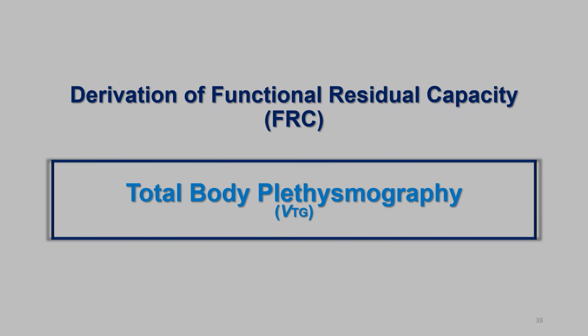Now, just a quick note. While not addressed in this video, total body plethysmography airway resistance measurements are lung volume adjusted by measuring the VTG at which the airway resistance test was performed. While the subject is allowed to choose the lung volume to perform the airway resistance test, it's commonly performed at FRC, above resting FRC, or slightly below the resting FRC.